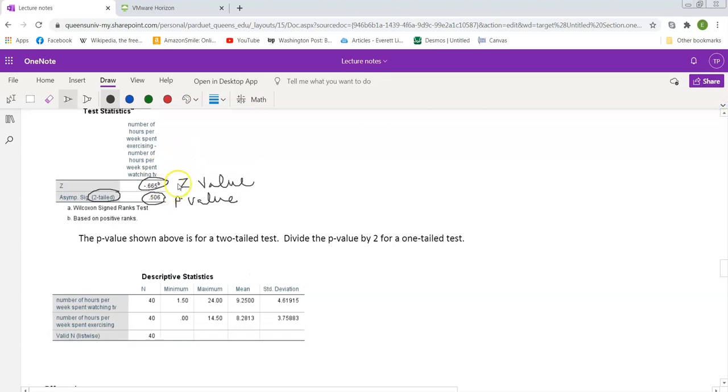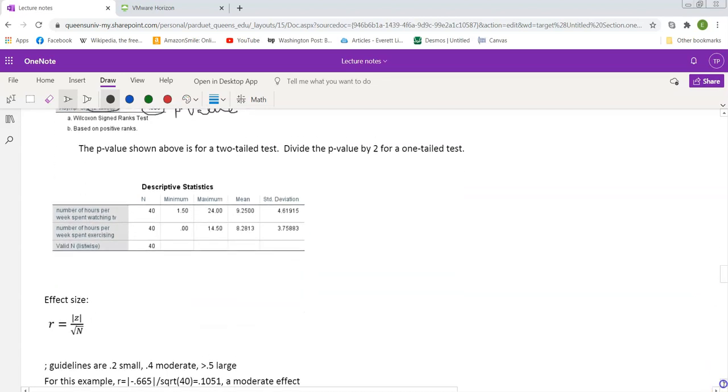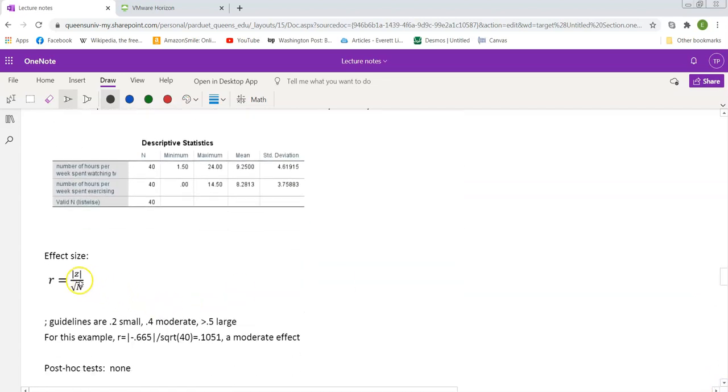So if we take our z value, negative 0.665, take the absolute value of it, divide by the square root of our sample size, which we said was 40, this gives us 0.1051.